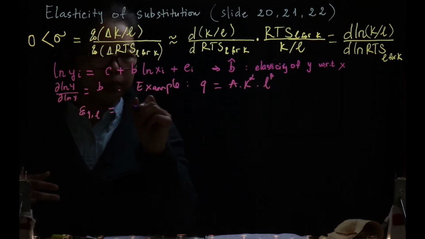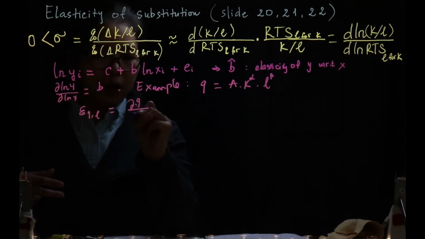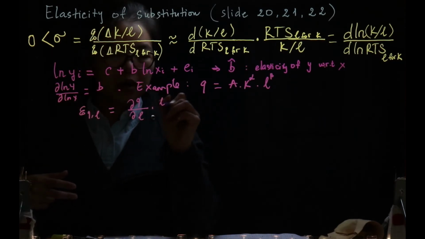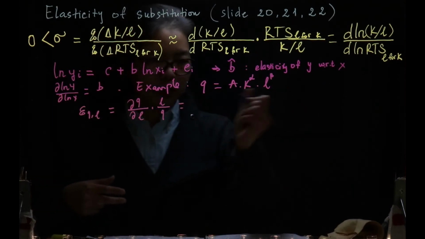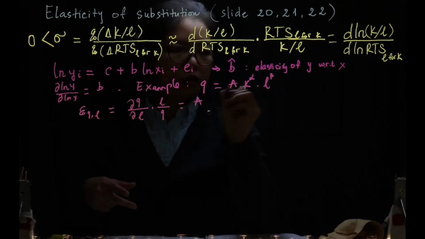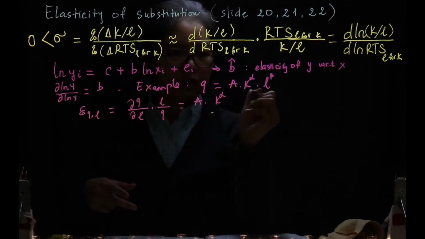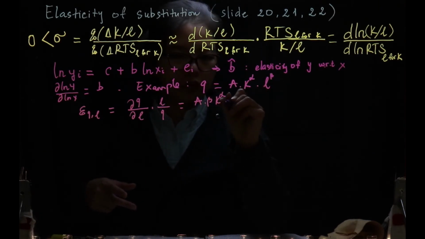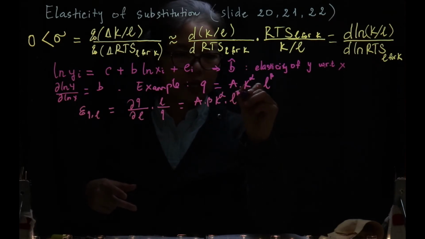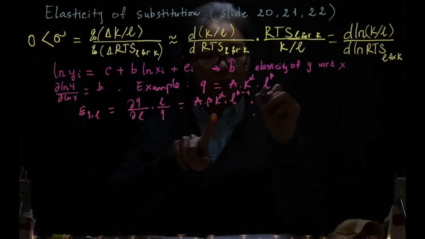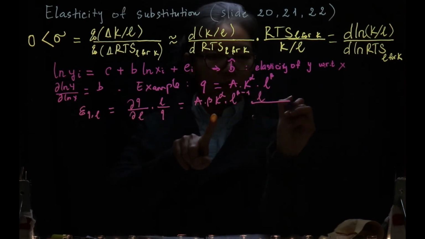By definition, that is the partial derivative of output with respect to L, times L over Q. So the partial derivative of Q with respect to L is A times K to the alpha, constant, times beta times L to the power beta minus 1. This is the derivative, times L again, divided by Q.